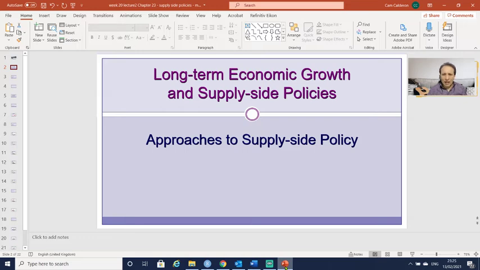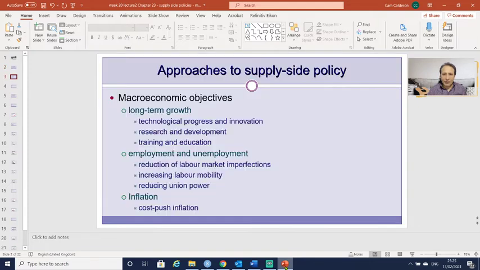We are going to see market-oriented supply side policies, and during our next session next week we are going to cover interventionist supply side policies. We have as macroeconomic objectives long-term growth, employment and unemployment in our economies, and as well, one of the biggest macroeconomic objectives is to control inflation.